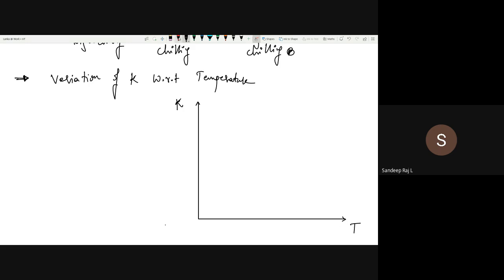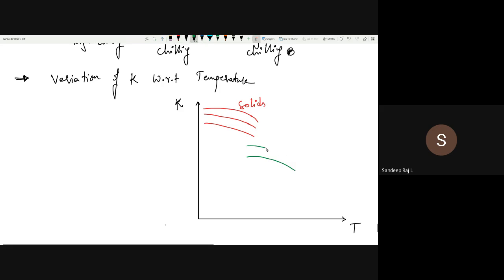So here, I told you that the solids will have the highest thermal conductivity. So I'll be drawing the solid lines on the top. This is the solids story, and then I will come to the liquid story. I told you that liquids will have lesser thermal conductivity compared to the solids.